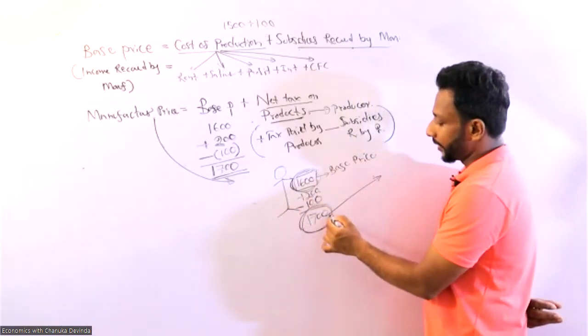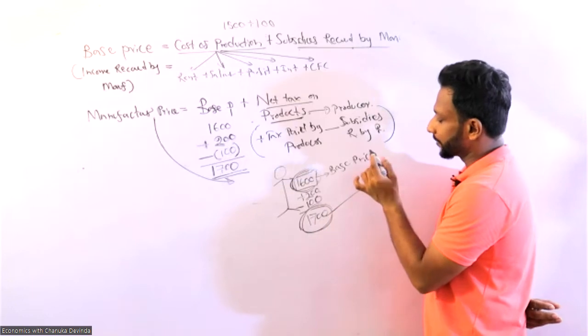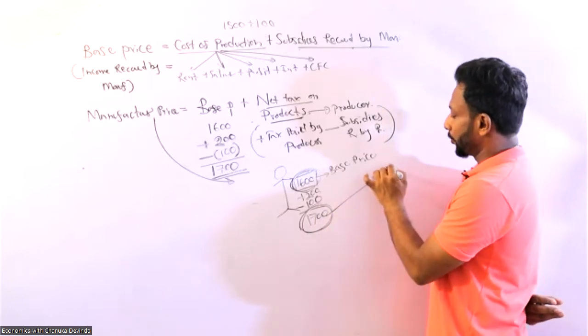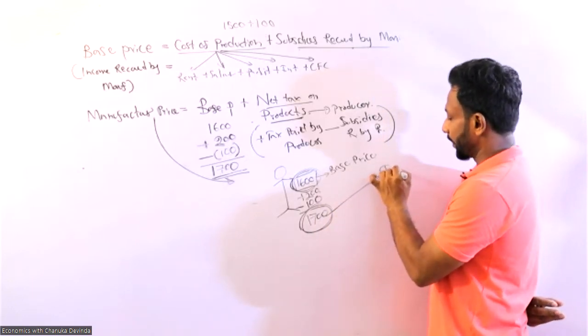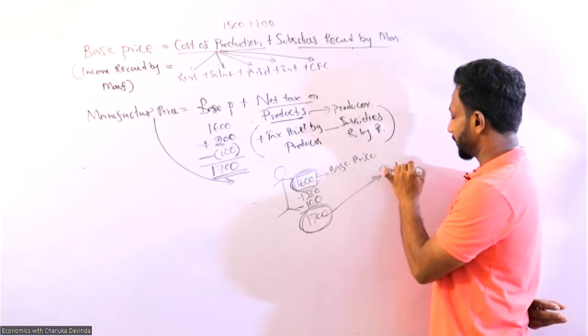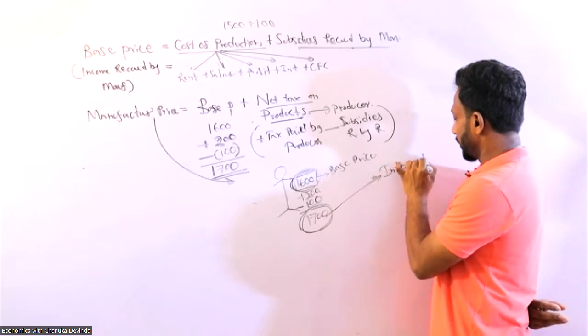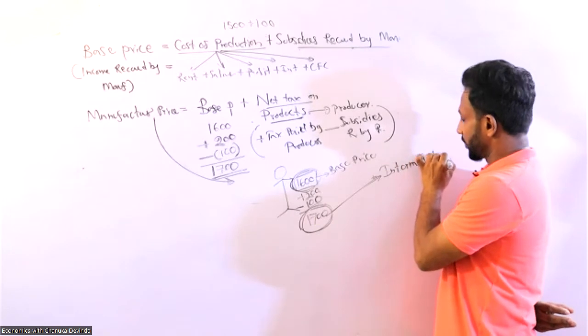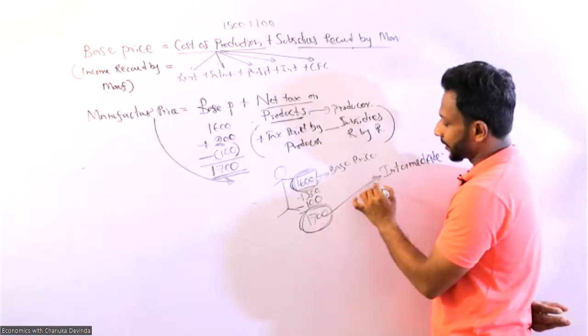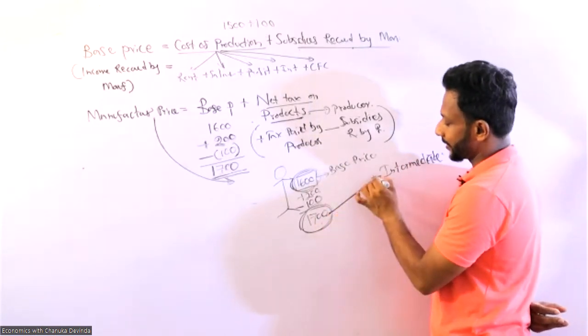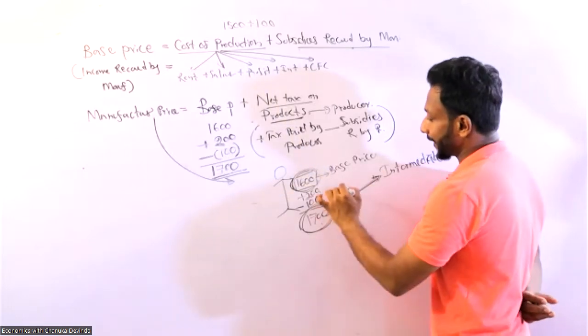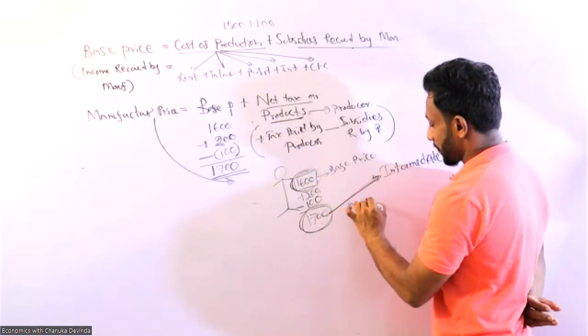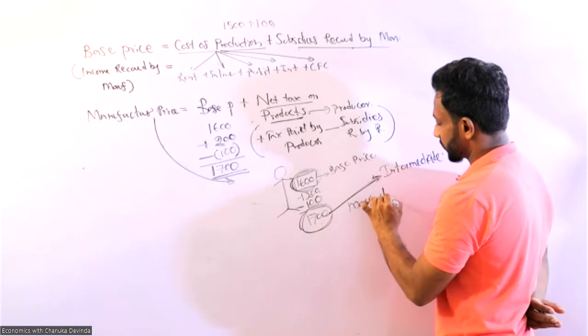So after adding net tax on the product, he can sell to the next intermediate party. So he's selling at 1700, right? That is the manufacturer's price.